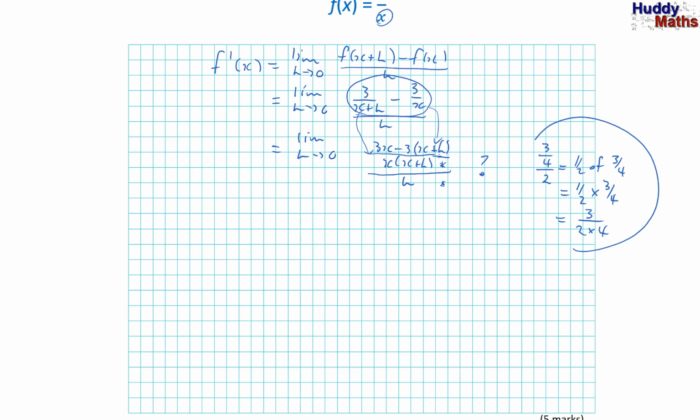Does that help? What does that mean over here? Let's see what that means. It means, if we do this top line, 3x take 3x, take 3h. Now the bottom of that fraction can come down and live down here with the h. Can you see that?